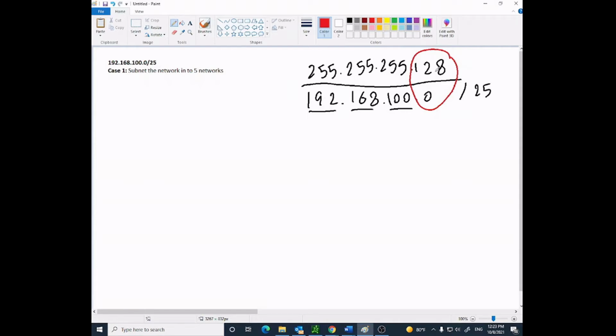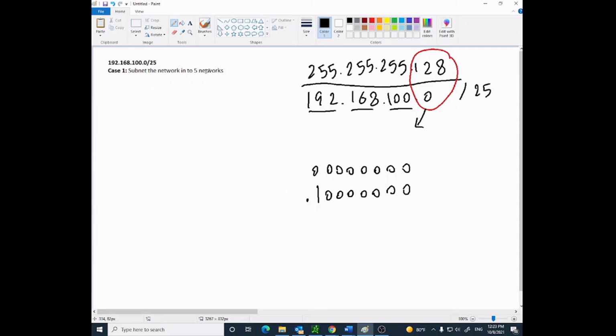So since I have 128 here, this is a case where I have to work in binary. So I'm going to take this section and put it in binary. In binary, this 128 is 1 and then 7 zeros. And the 0 is 0, 0, 0, 0, 0, 0, 0, 0.